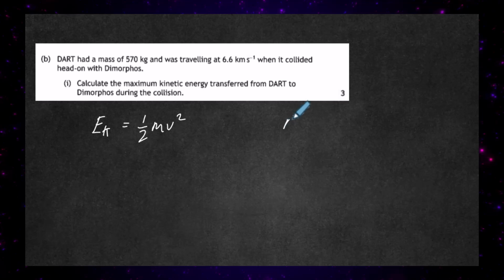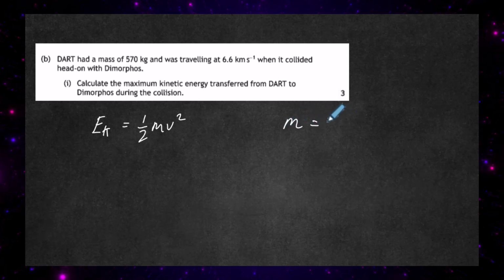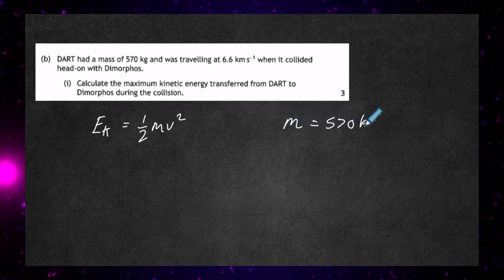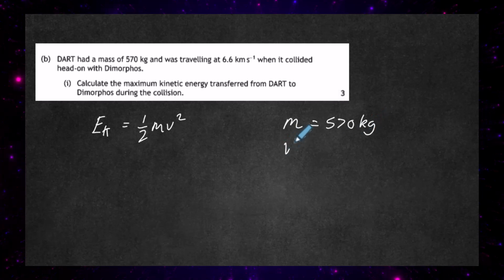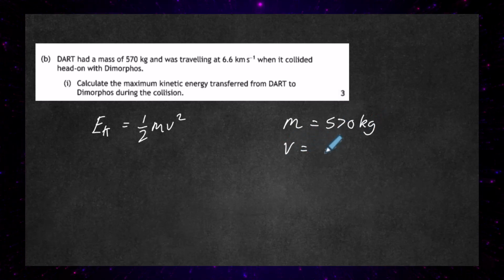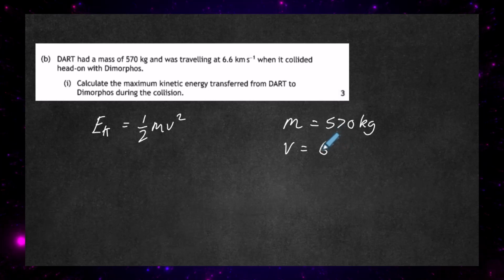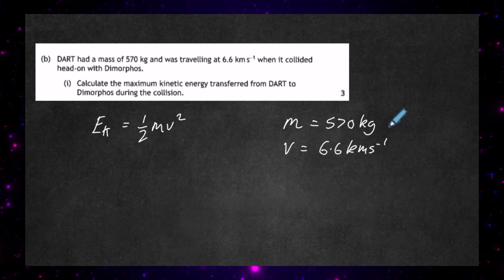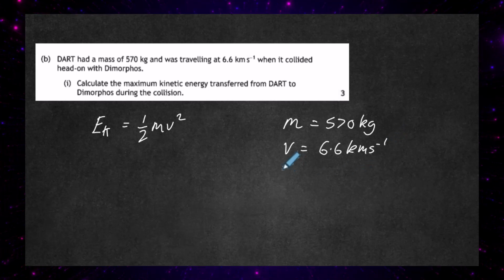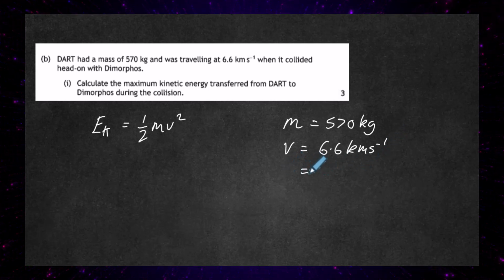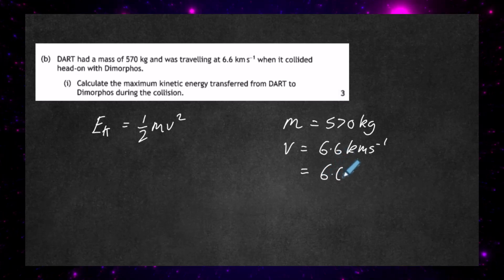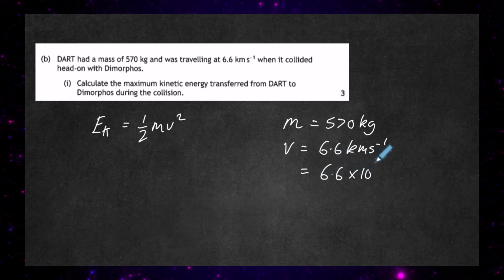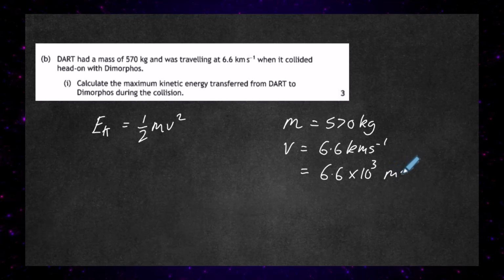The mass of DART is 570 kilograms. We don't have to change anything there. The speed was 6.6 kilometres per second. We can't use kilometres per second, so we multiply by 1,000: 6.6 times 10 to the power 3 metres per second.